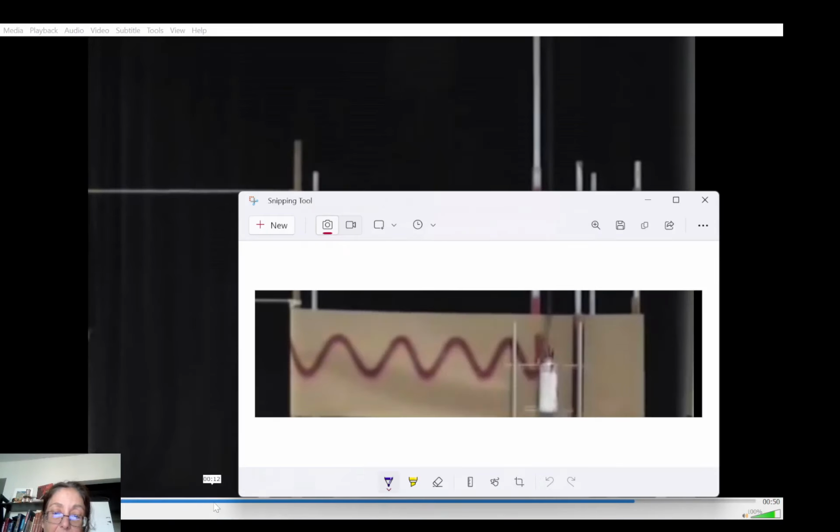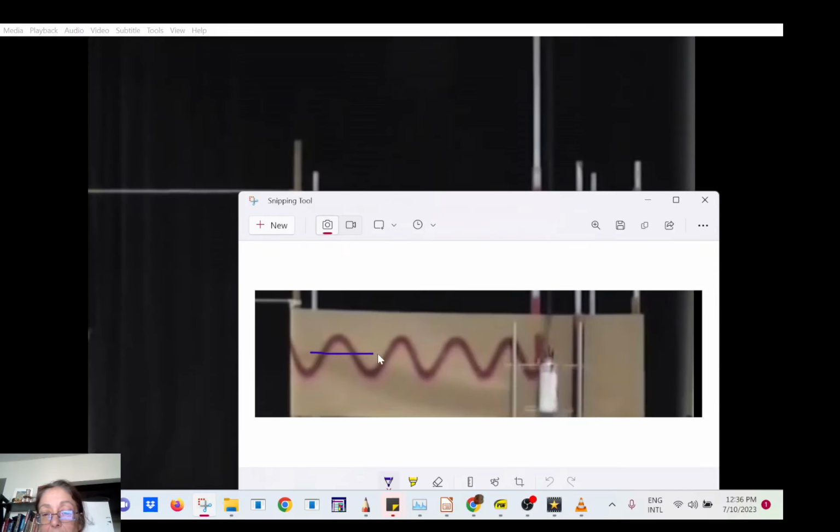If I look at this here now, you see here it's about the equilibrium position. That's my 0. I don't know where you want to start. T equals 0, let's say it's here. So t, that's the time. That's my displacement y. That's going to be the amplitude of the oscillator.